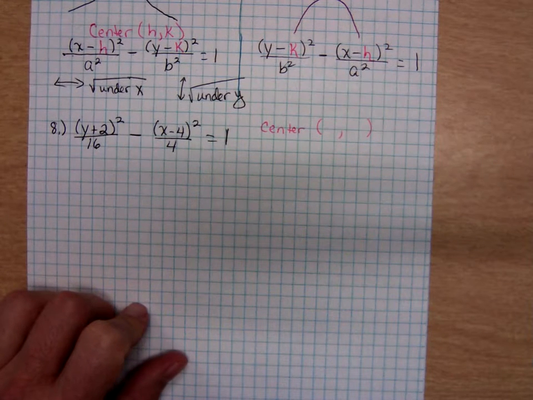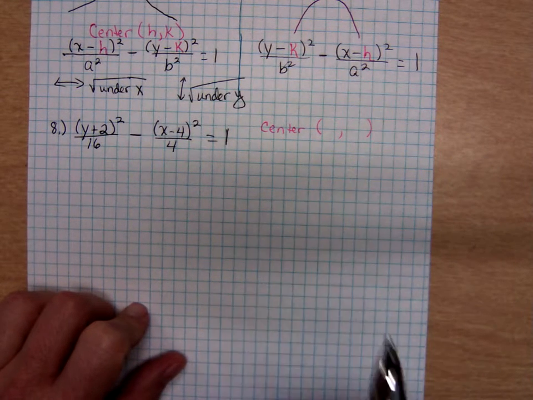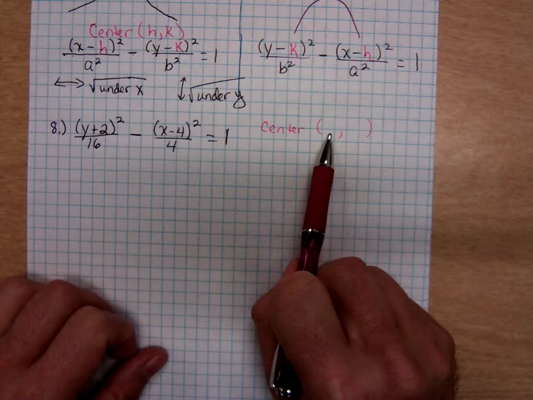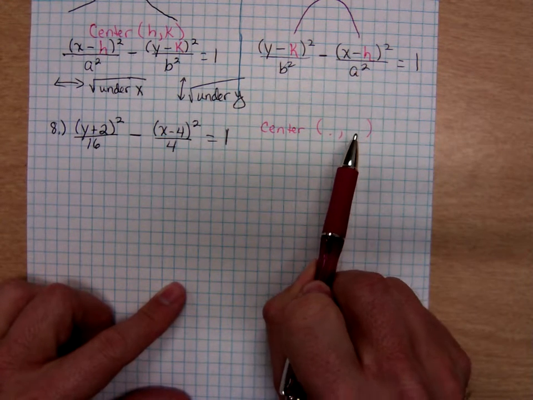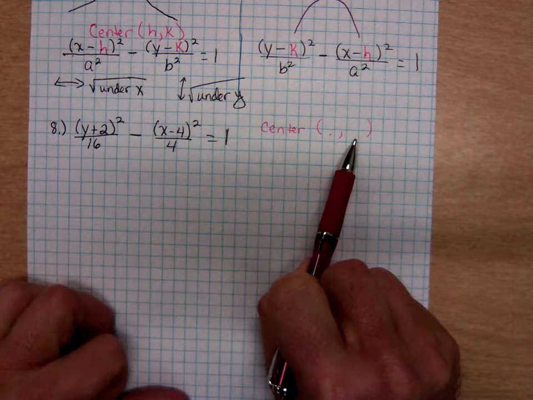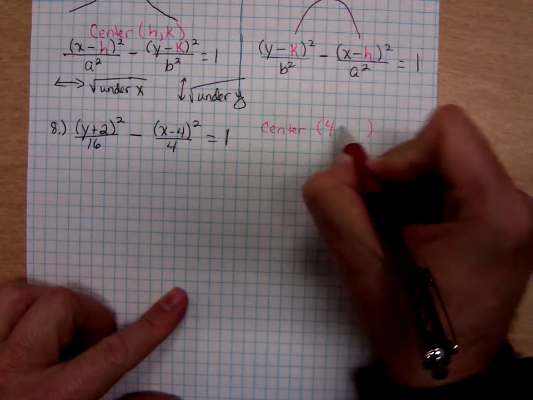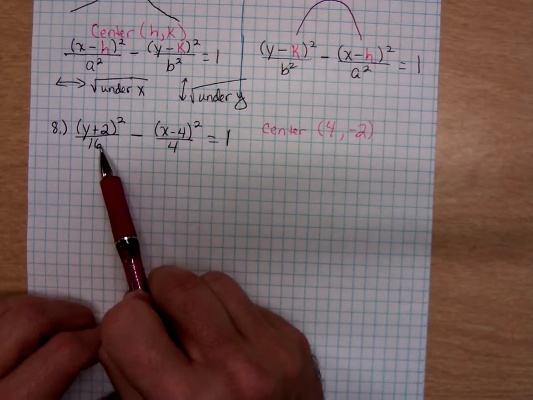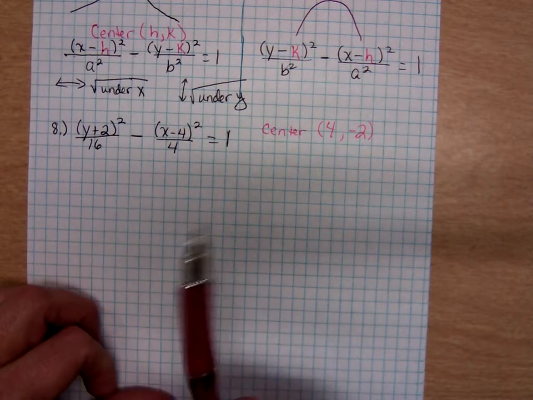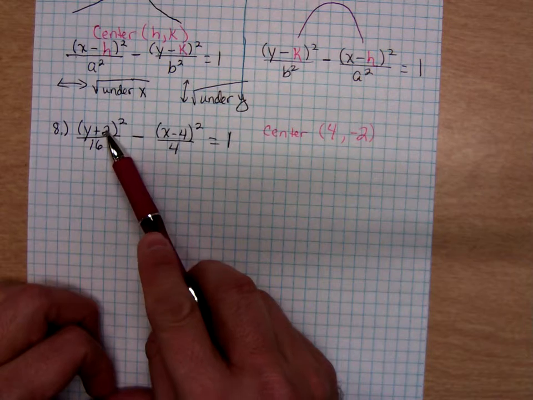So it's (4, -2). Make sure you're going x, y. I'm not saying change the sign of the number in the first parentheses. I'm trying to make sure you go x, y.